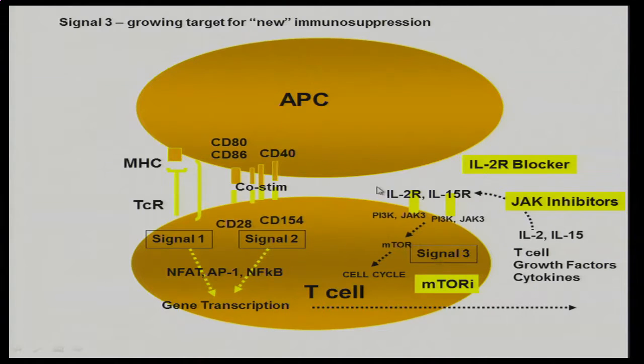This is just looking at that pathway in a bit more detail, just to say that with signal 1 and 2, these cytokines that are released, it's not only IL-2, there are others like IL-15.